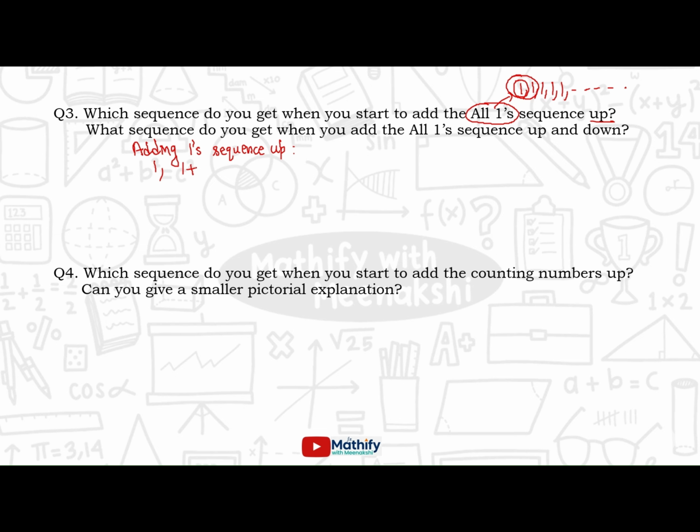In the next step, you will add 1, 1, 1. Here we are just going up, we are not going down. And in the fourth step, 1 plus 1 plus 1 plus 1, and so on. So what is this? It's 1, 2, 3, 4, and so on. So this is the sequence of counting numbers. This is the first part of our question: which sequence you will get when you add the all-ones sequence up.